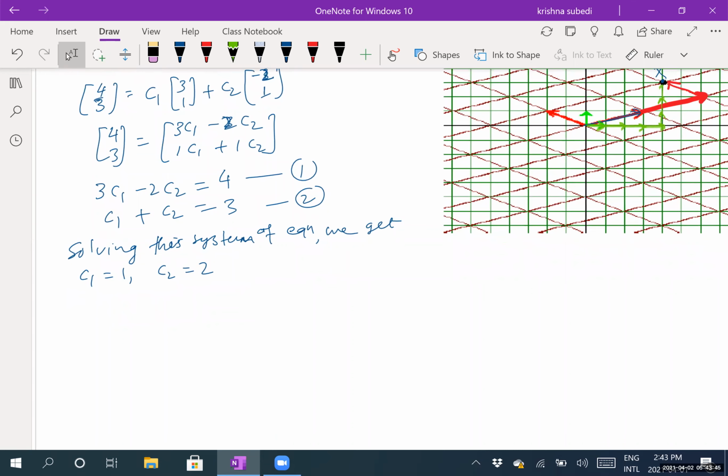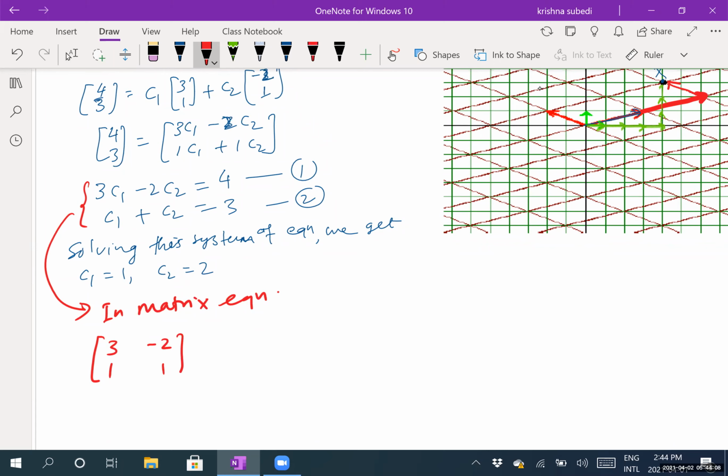Now, I don't know how you solve it. There are different ways to solve it, but let me just write this in matrix notation, okay? I can write this as the matrix 3, -2, 1, 1, times C1, C2, equals 4 and 3, right?